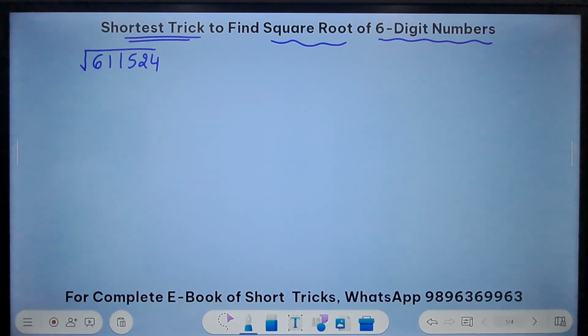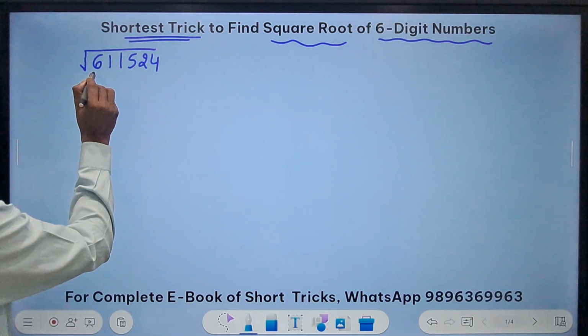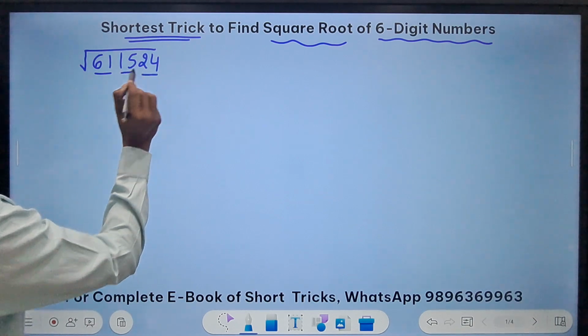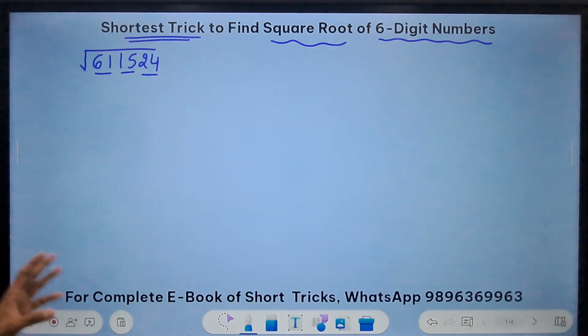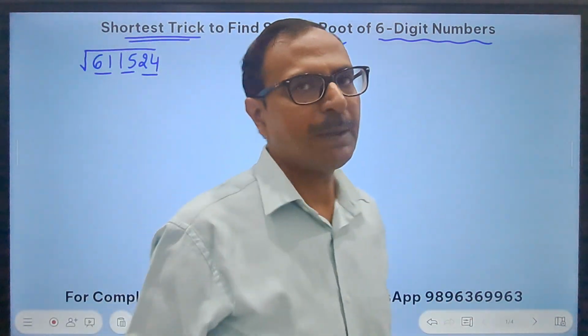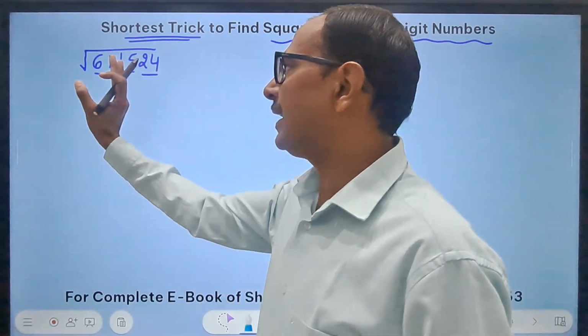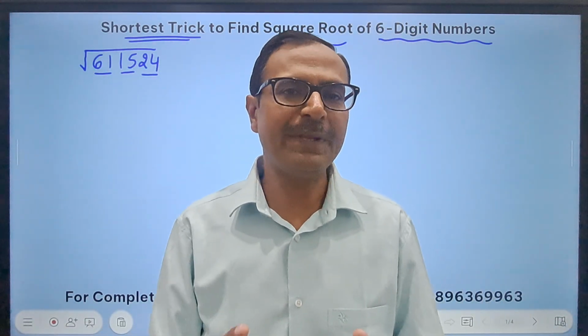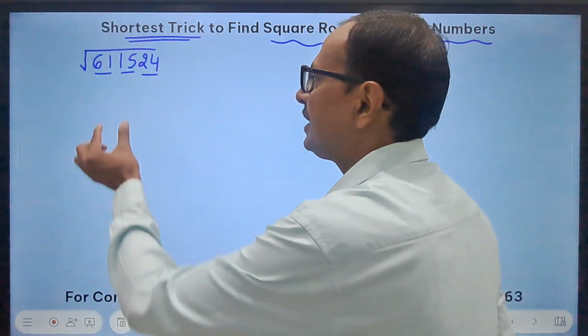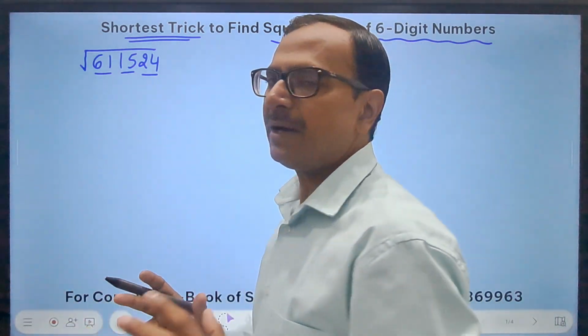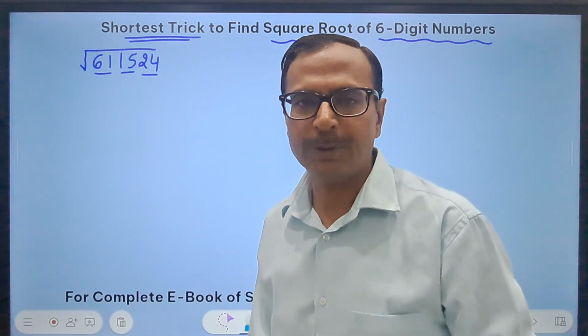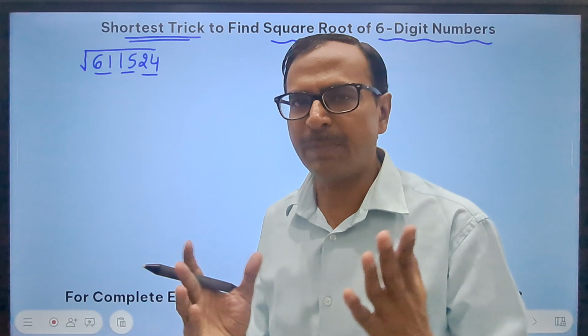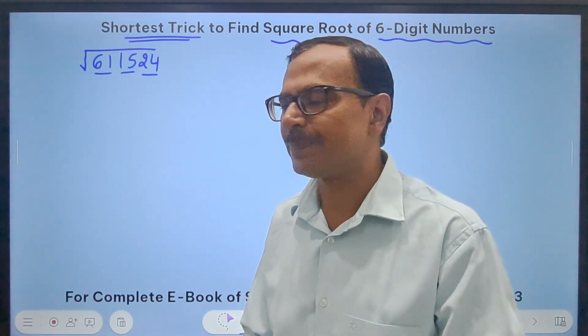Now the first thing is to pair these numbers. 61 is a pair, 15 is a pair, and 24 is a pair. You should know that the number of lines you put for pairing, that many digits will be there in the square root. So if you have 3 lines here, that means the answer is a 3-digit number. That's some of the basics of square roots.